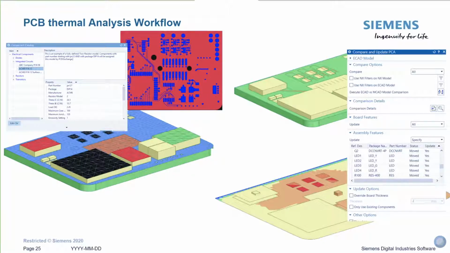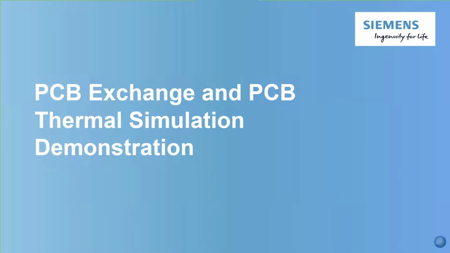We then would be happy, we could do our report, but our electrical engineer colleague is still at work and he's changed our design. So he's going to send us a new design, which we'll compare to our current model, and we'll be able to update our simulation by using the compare and update tool inside of PCB Exchange.